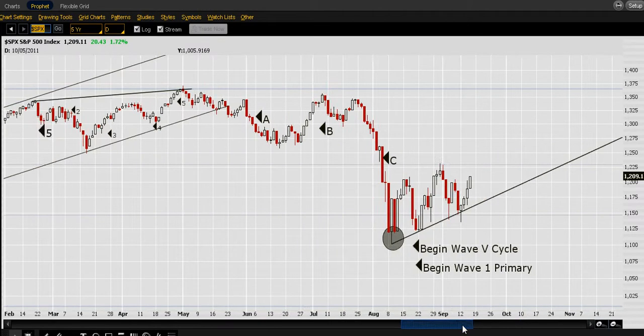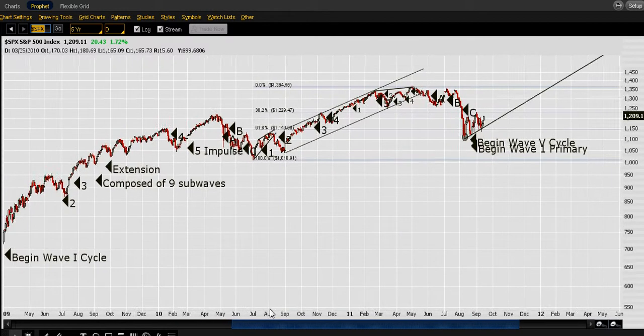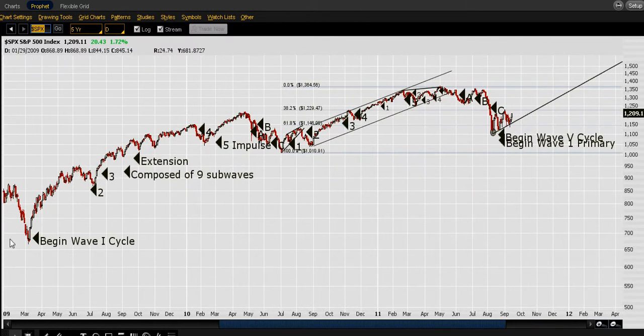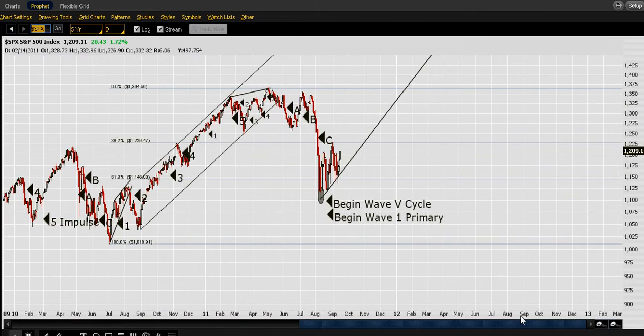Wave 1 started in 2008. That took a little over a year, this took a little over a year. This should give us at least another year before we have a large bear market.